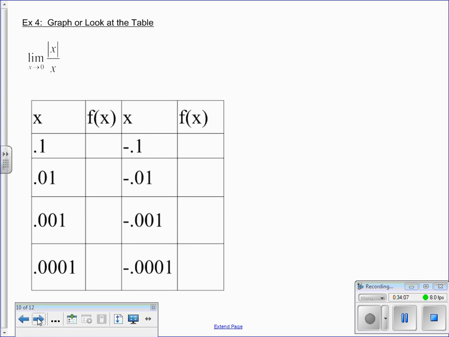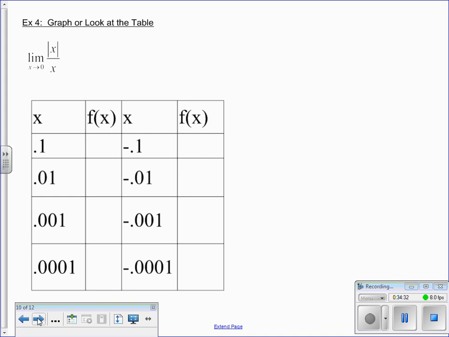Okay. Now, when all else fails, and this is a when-all-else-fails situation, you can make a table of values and plug in values that approach, from the left and from the right, the number you are approaching.